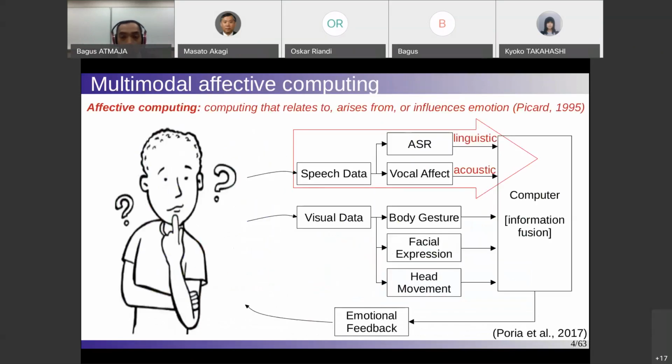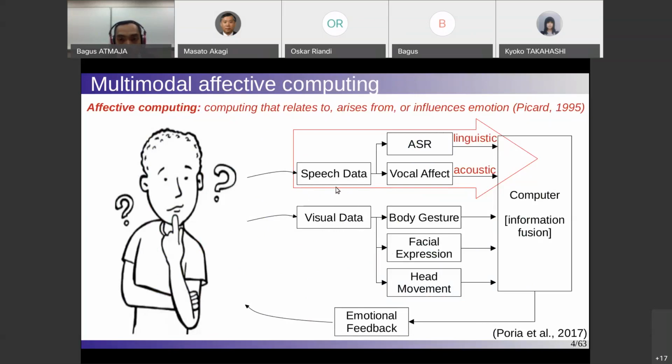The second background is about multimodal affective computing. Affective computing, a term coined by Picard in 1995, is computing that relates to, arises from, and influences emotion. In this figure, we can gather speech data and visual data.